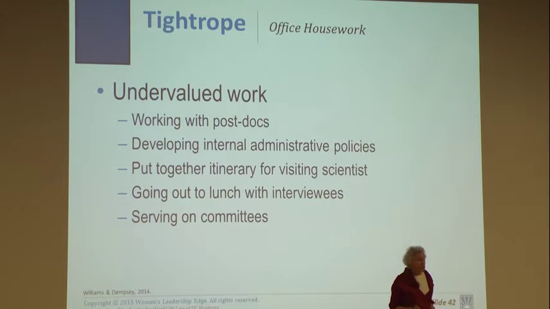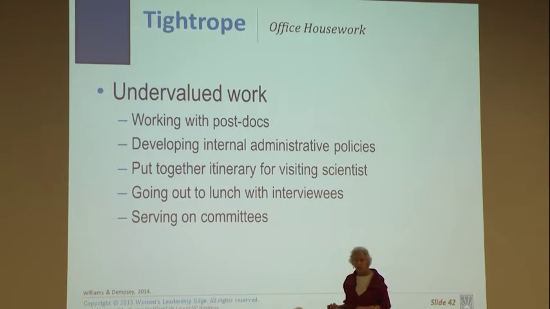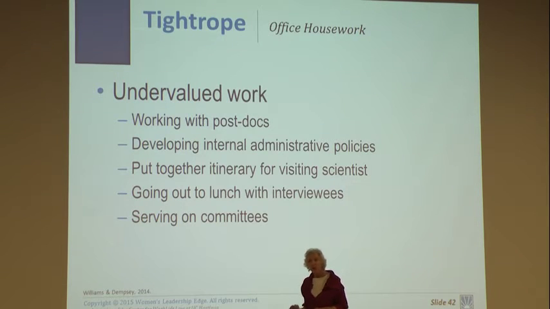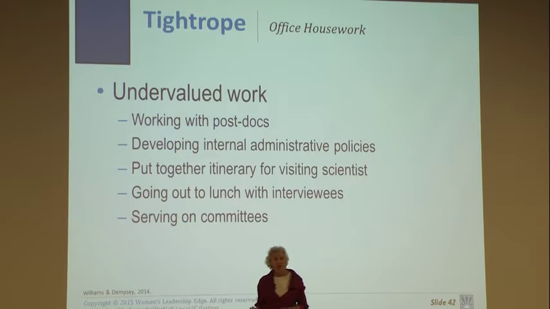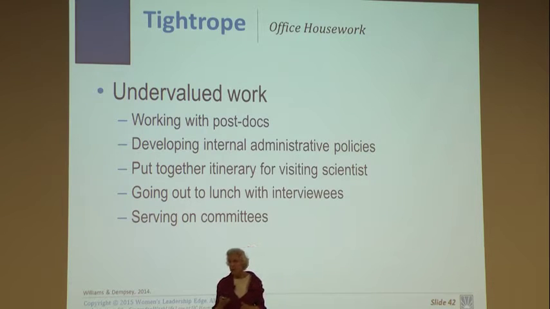So working with postdocs, developing internal administrative policies, putting together an itinerary for the visiting scientist or DOE officials, going to lunch with interviewees, serving on committees. All of that's really important work, but I suspect if this is a characteristic STEM research organization, that's not your path to the brass ring.